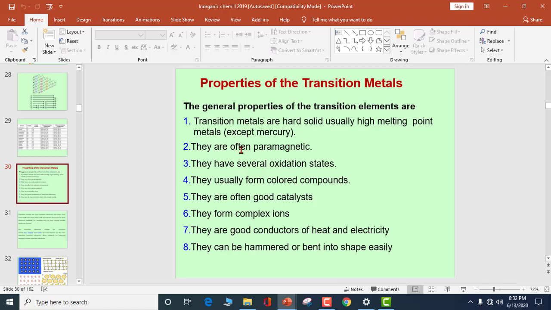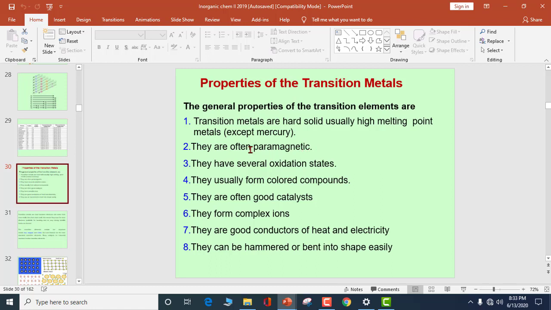So most of the transition metals follow the properties of metals, as metals are usually hard, solid, and they have high melting and boiling points. So similarly, transition elements also have high melting and boiling points. They often are paramagnetic, which we have discussed in electronic configuration.